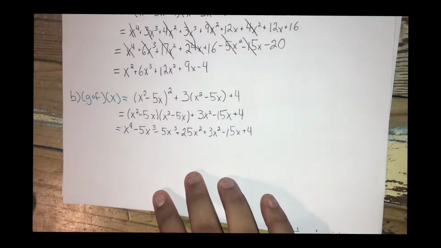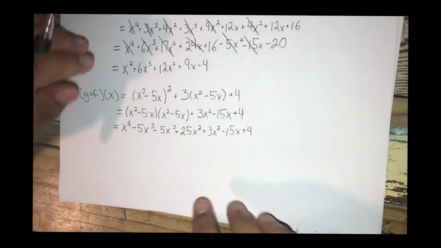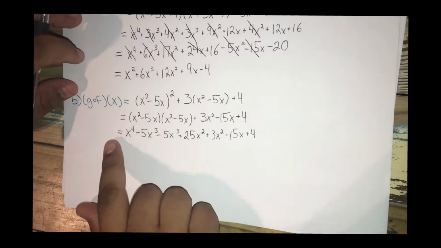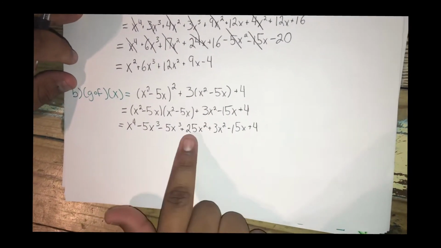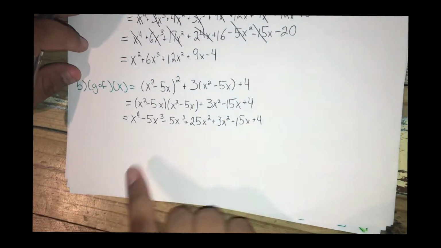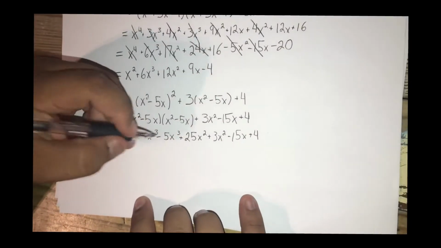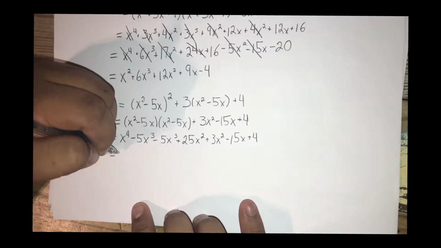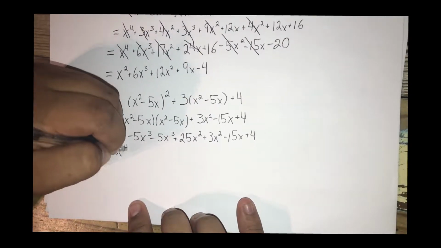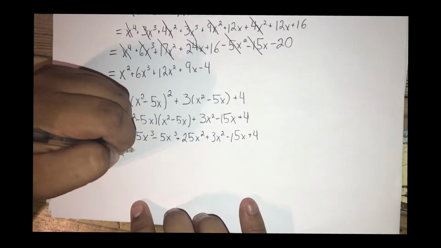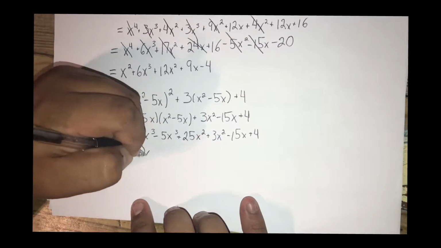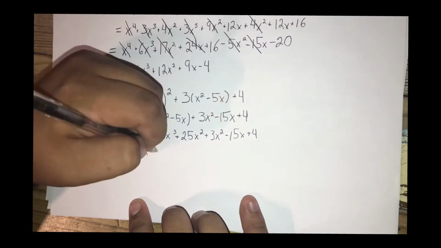And the 3x squared minus 15x plus 4, we just put down at the bottom again. So once we cancel everything out, the answer ends up being x to the power of 4 minus 10x cubed plus 28x squared minus 15x plus 4.